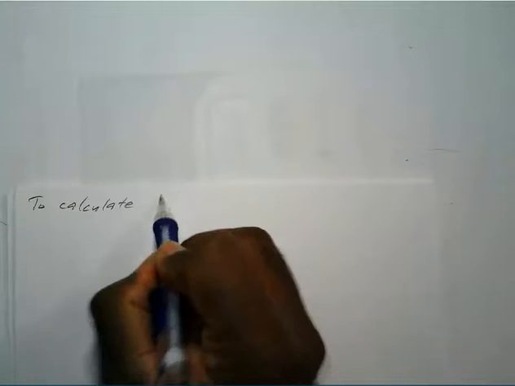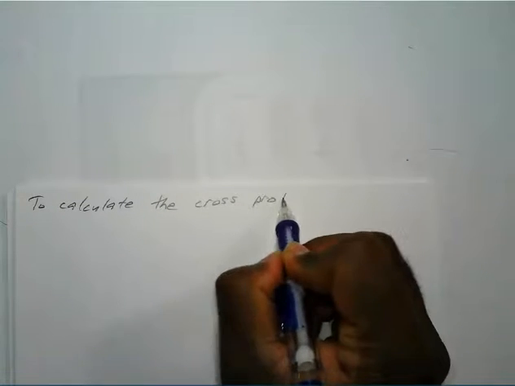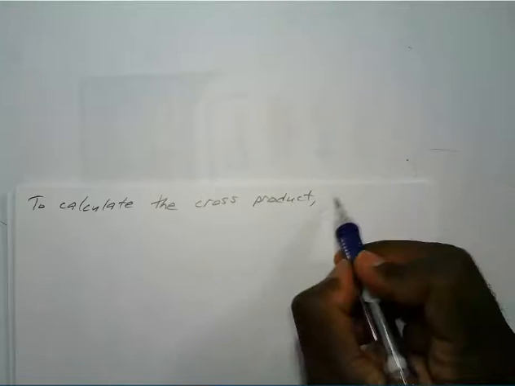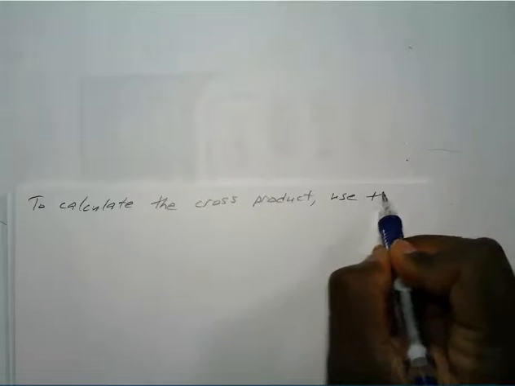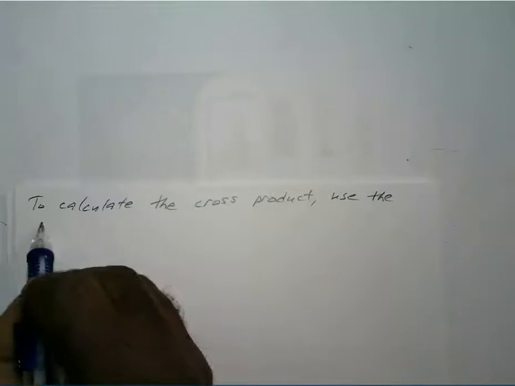To calculate the cross product, use the determinant formula of a 2x2 matrix.